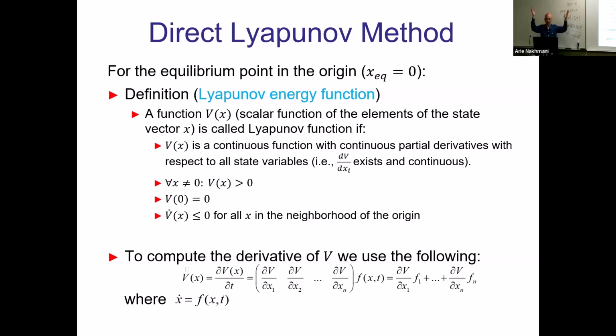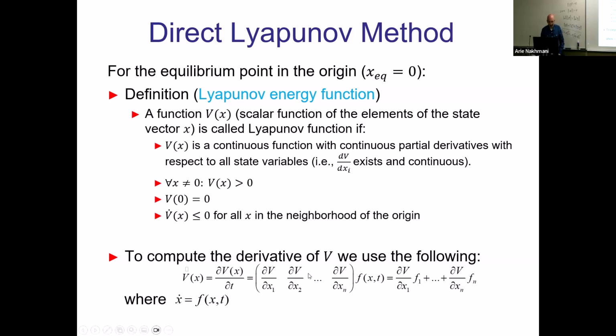Think about a parabola looking up, okay? It's everywhere positive except that 0 point where it is exactly 0, right? So it starts at the 0 point and then goes up like a bubble, but it becomes emptier and emptier with time. That type of function. So energy is going down this time.